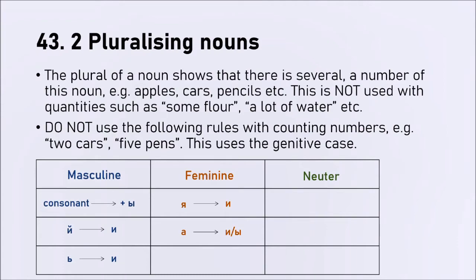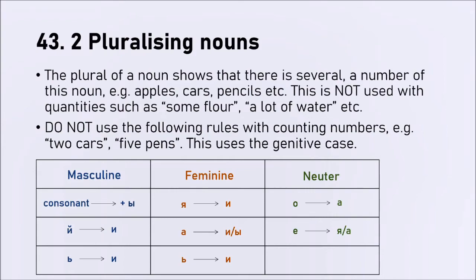So it doesn't really make a difference because we pronounce it exactly the same. We just write it down differently. And finally, the soft sign changes to И as well. And for neuter, о usually changes to а, and е usually changes to я or а. Again, this is a spelling rule as to which one of these letters you use. It depends on the preceding consonant, okay?